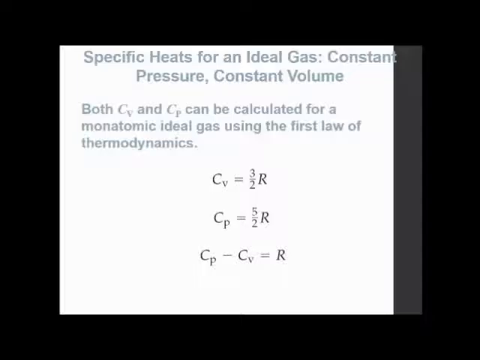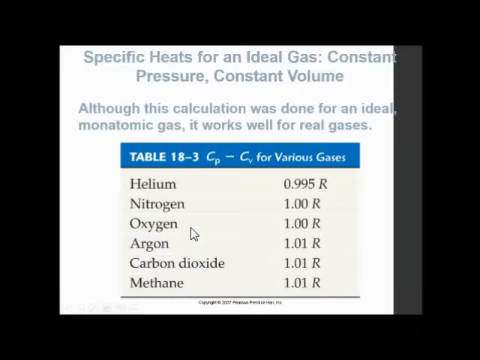For monoatomic ideal gas, Cp is equal to 5 by 2 R, Cv equals 3 by 2 R, and the difference Cp minus Cv is R. This is Mayer's formula. There is a table regarding the Cp minus Cv, that is the R value for various gases.